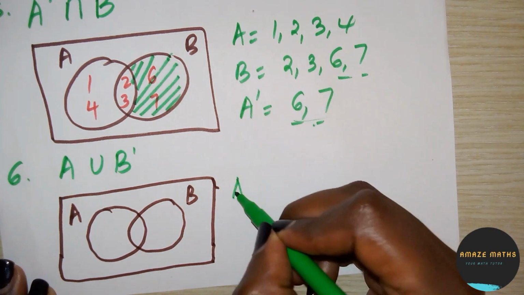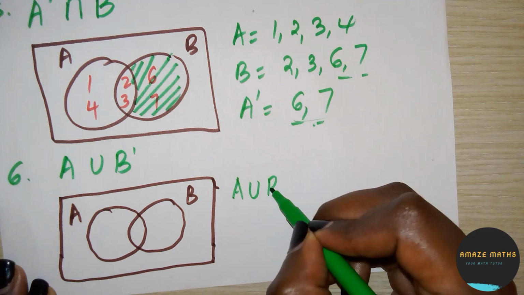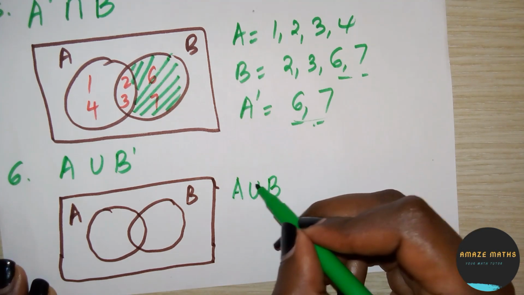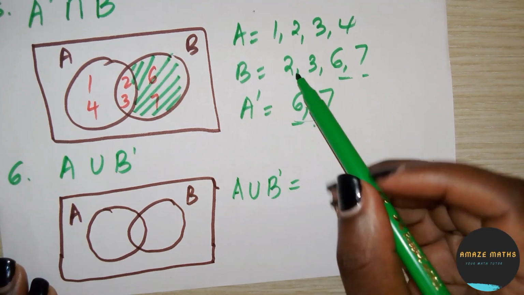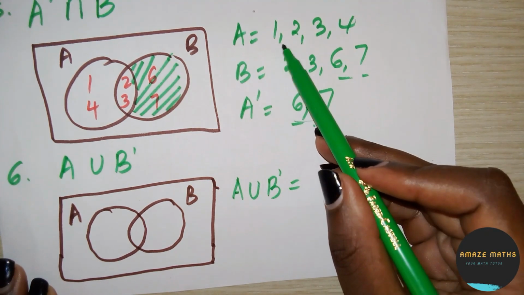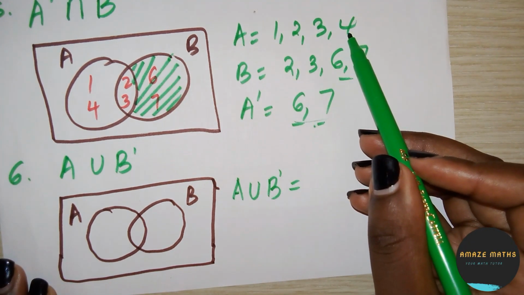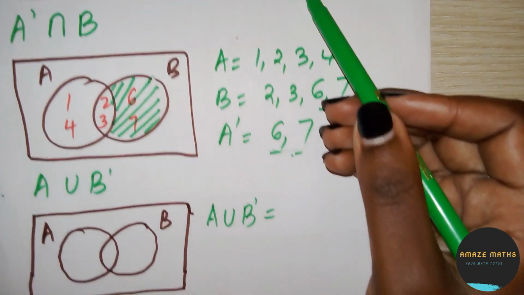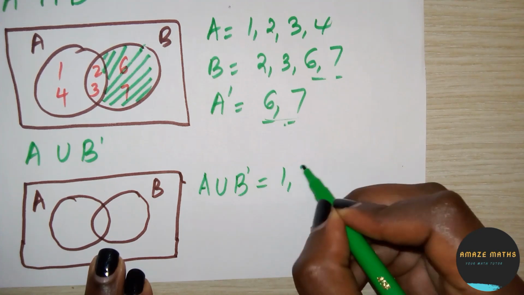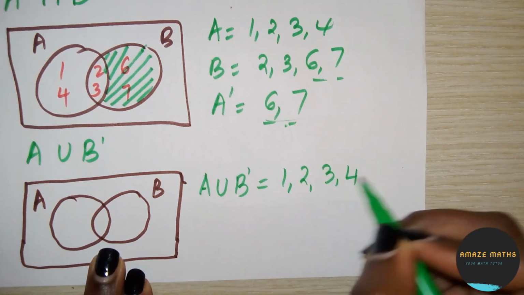So we have A union not in B. All the members in A, we have 1, 2, 3, 4, and then outside of B we have 1 and 4. So in total, all the members are 1, 2, 3, and 4.